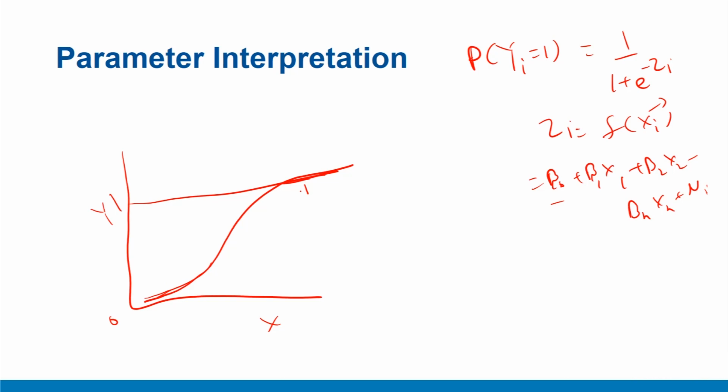Now such behavior, which is non-linear in nature, requires high school mathematics to understand that the impact of zi on yi varies. Here this x essentially captures the dynamics of zi, which is this function. So the impact of zi on yi varies depending upon where you are on zi.